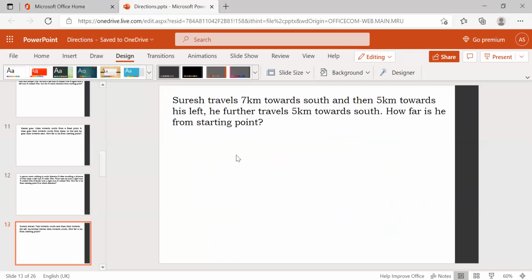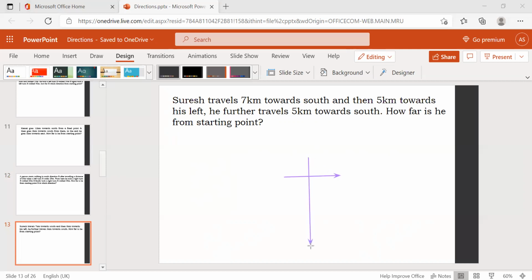Suresh travels 7 kilometers towards south and then 5 kilometers towards his left. He further travels 5 kilometers towards south. How far is he from the starting point? Check what they're saying. So let's travel 7 kilometers towards south from here.